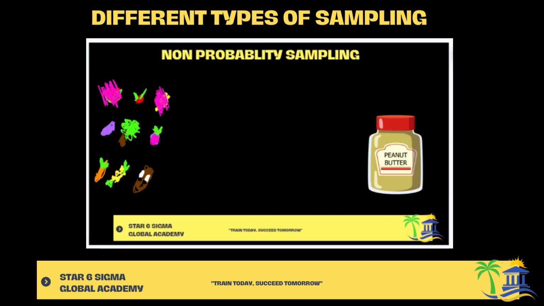The next thing I want to talk about is something called convenience sampling.